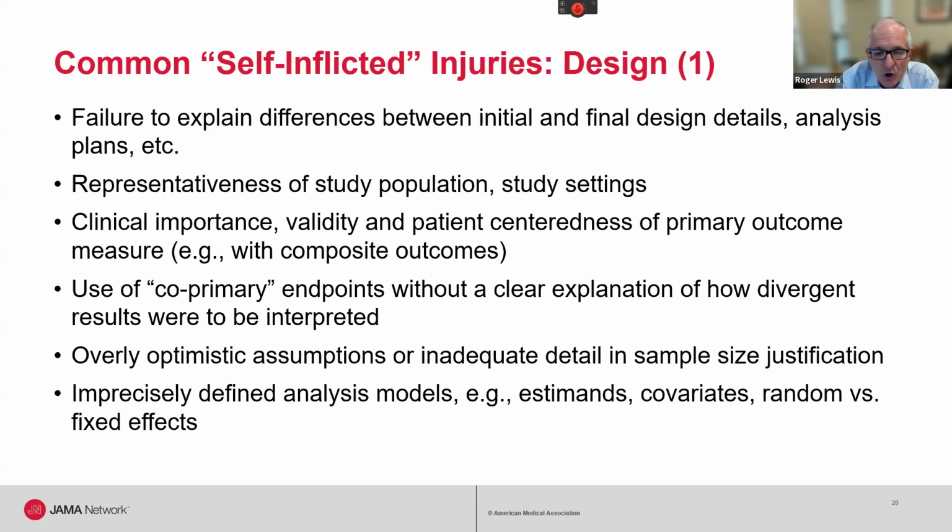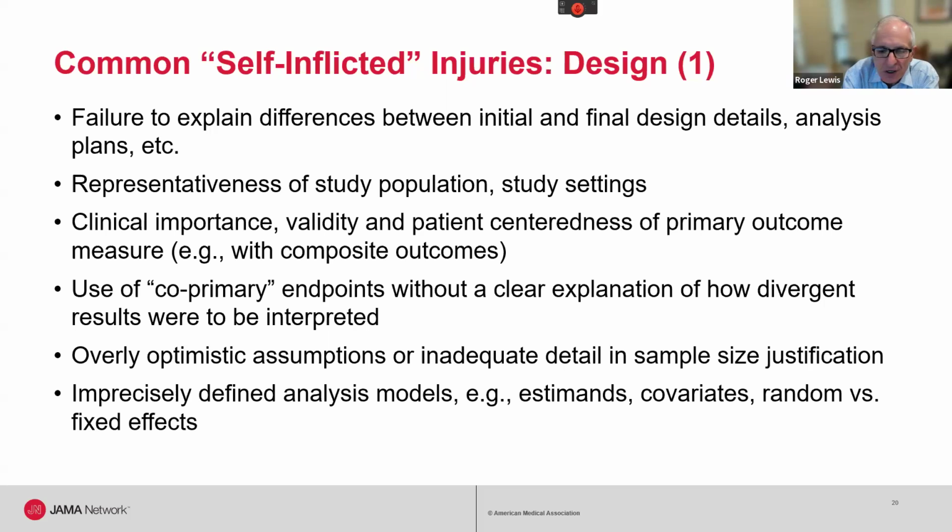The FDA thinks co-primary means two endpoints and both have to be positive for it to be a positive trial. So co-primary in an FDA setting means two chances to fail. In an academic setting, people think of it as two chances to win. Either might be reasonable designs, but you don't want to leave it ambiguous regarding what you mean.